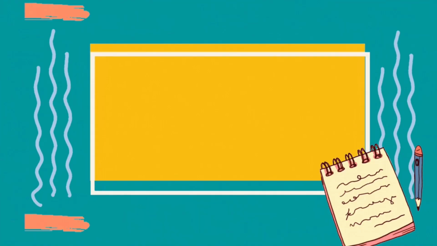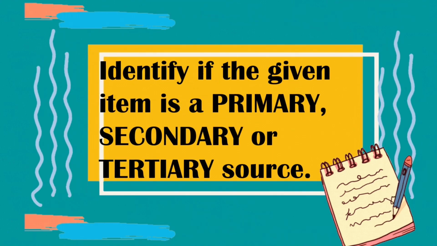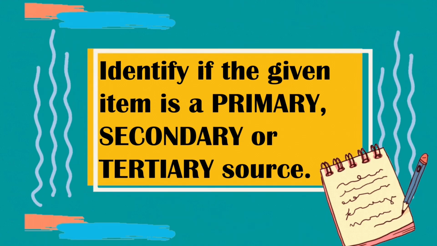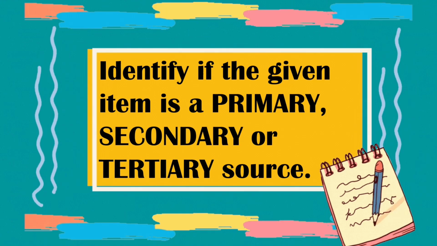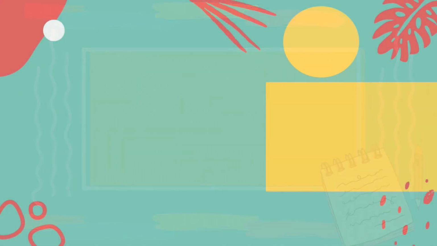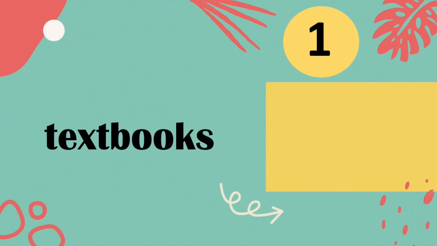Now, it's time to get your pen and paper and let's do the activity. Identify if the given item is a primary, secondary, or tertiary source. Number 1. Textbooks.